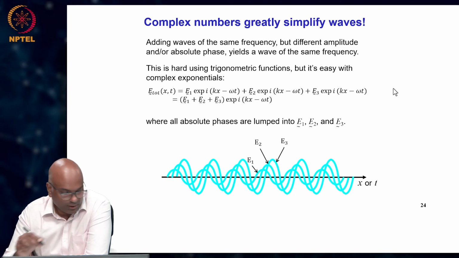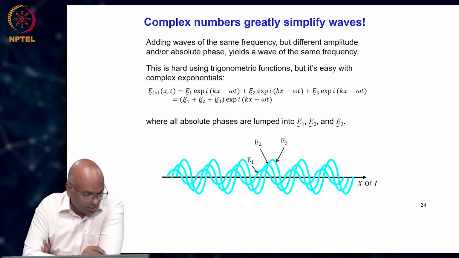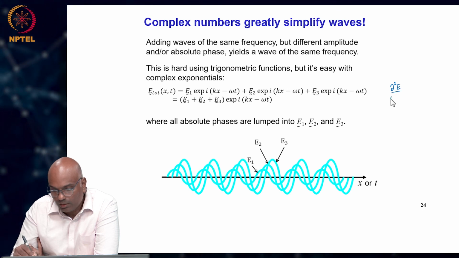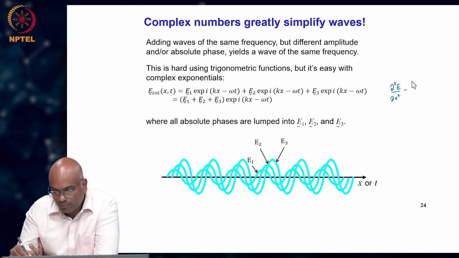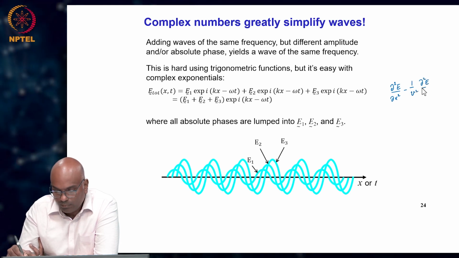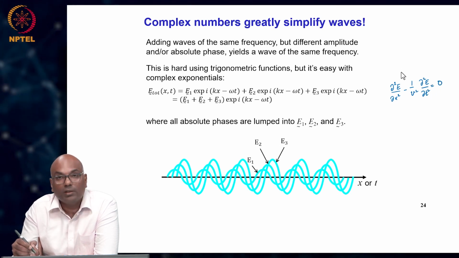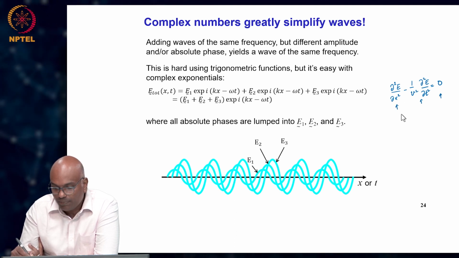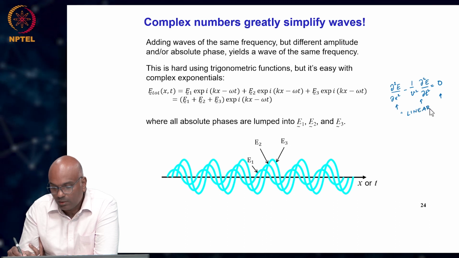Because the wave equation, as we had written it down earlier, which had the following form, and I recall this equation in its entirety, every term in this equation is linear.